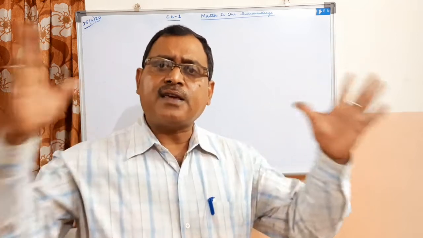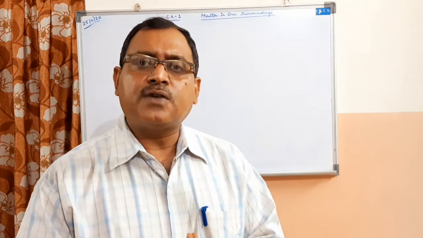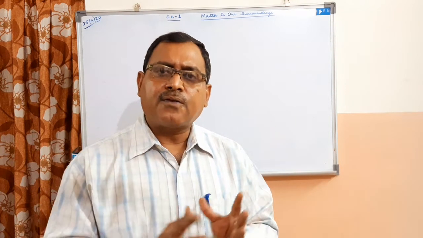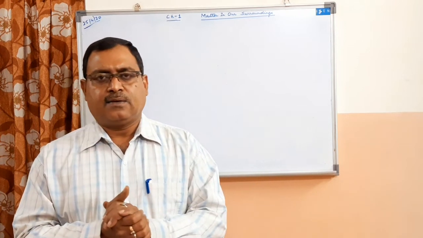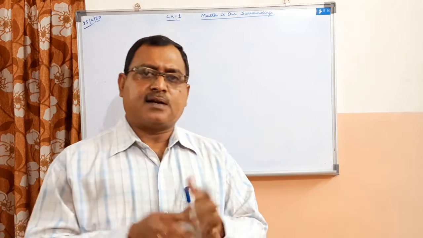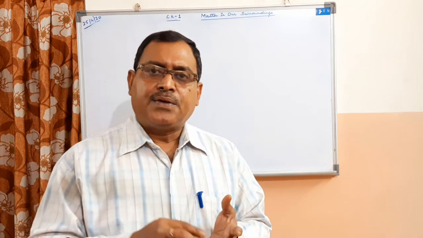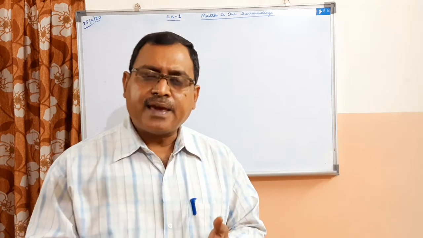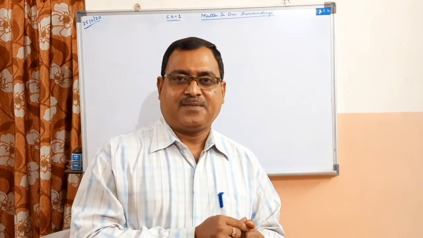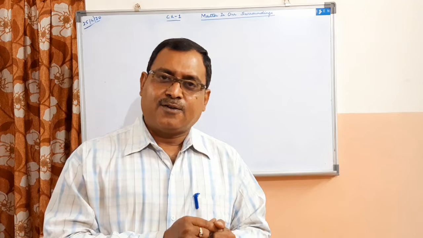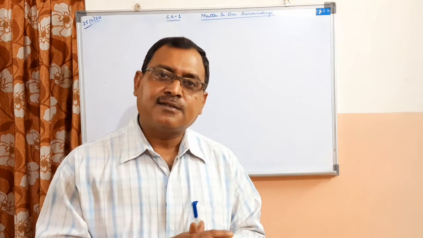They said that everything in this universe is made up of these 5 basic elements. What are they? They are earth, sky, air, fire and water. Clear? You remember 5 things?